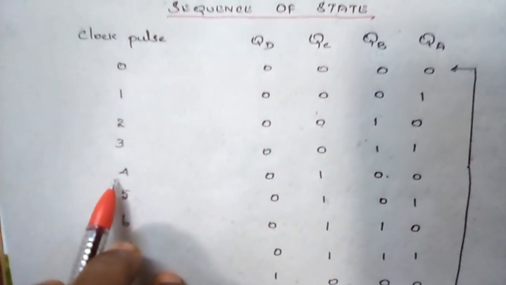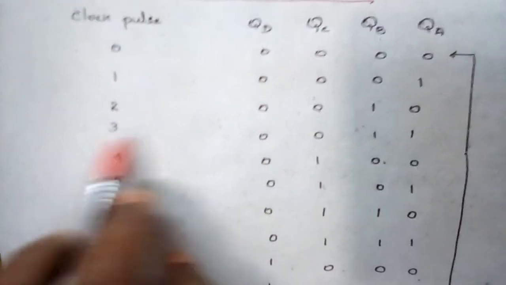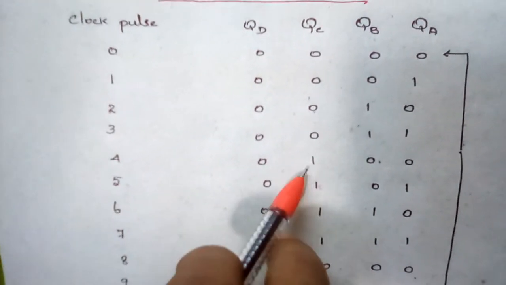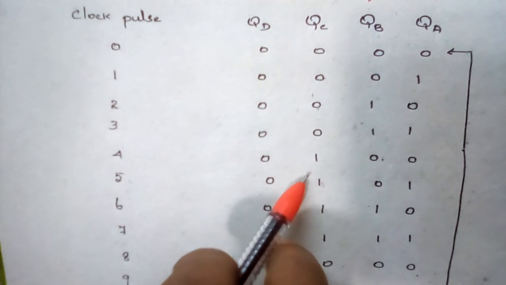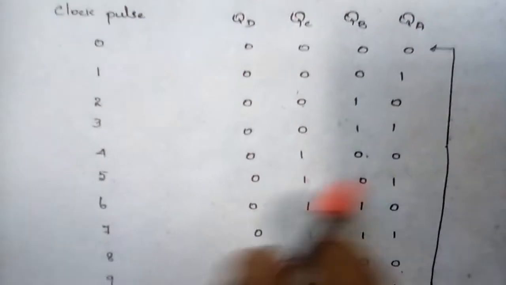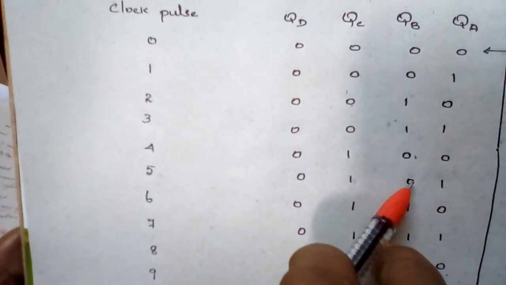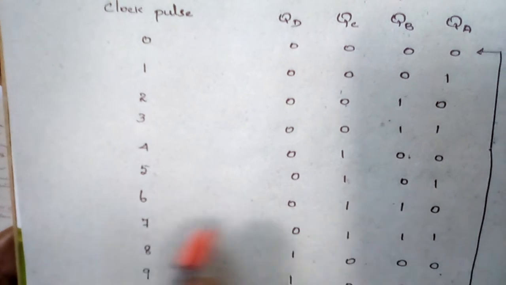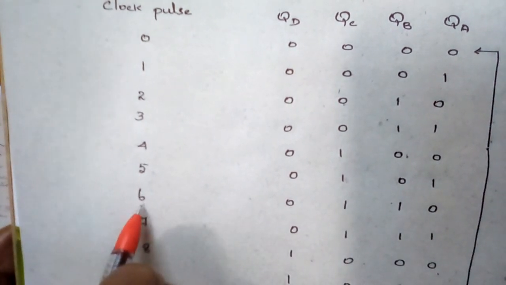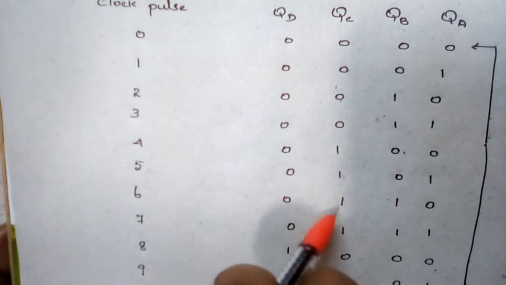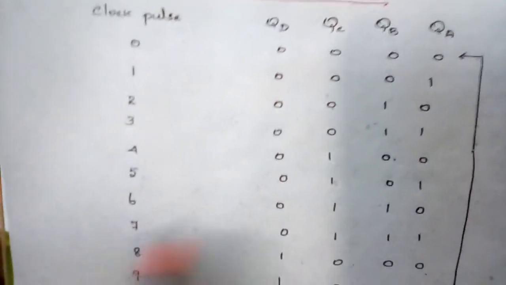For the fourth pulse, QC changes its state, and for the fifth pulse, QA and QC remain the same. QB changes its state from 0. For the sixth, there is a change in QC and a change in QB, and at the seventh, there is a change in QA.